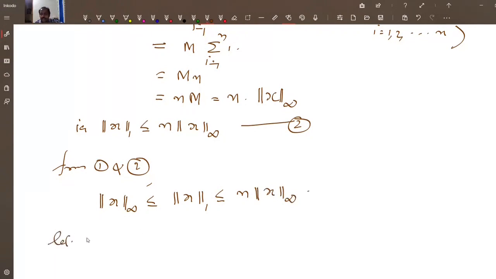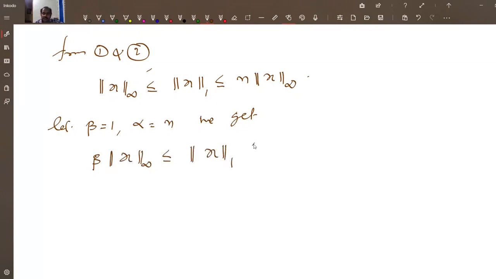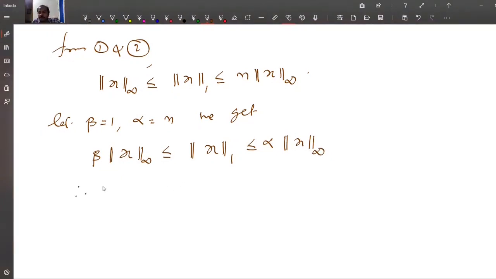So let beta be 1, alpha be equal to n, we get beta times subnorm of x less than or equal to one norm of x, this is less than or equal to alpha times subnorm of x. Therefore, subnorm and one norm are equivalent in Kn.